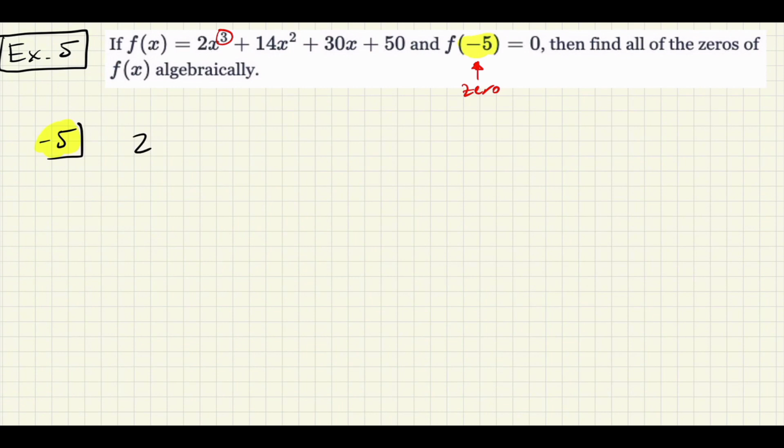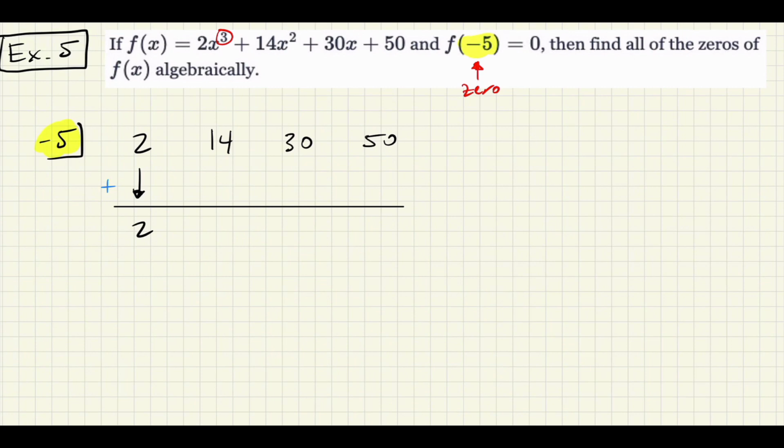So, synthetic division. First guy always comes down. First guy doesn't need to add or subtract, you just come straight down.